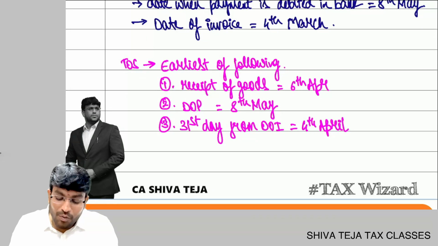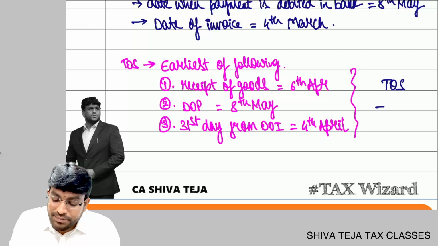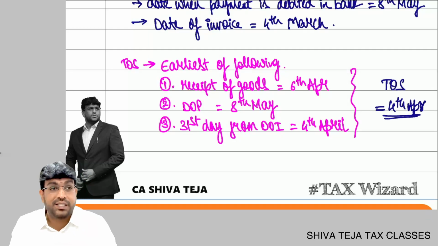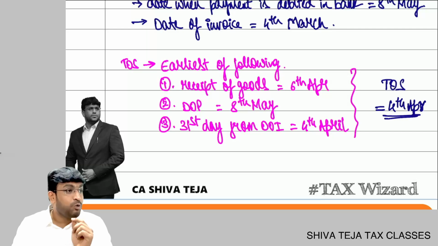So now tell me, out of all these three, what will my time of supply become? Some students got excited right at the start and were saying 6th April, 6th April. You should know how to control. In life, it is important that in some places you have to control yourself.